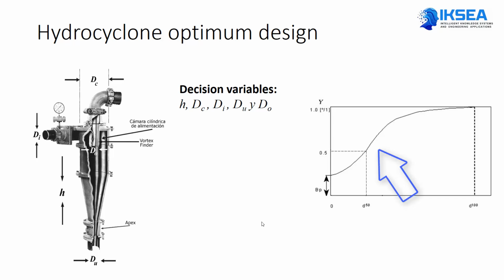On the horizontal axis, we have the particle size, and on the vertical axis, the weight fraction that will go down the underflow. The coarse size will all go down the underflow, and the fines will go out the overflow of the hydrocyclone. We have solved the problem by posing three competing cost functions.